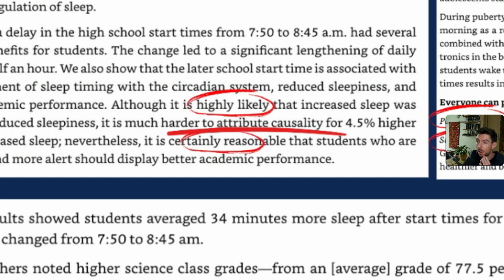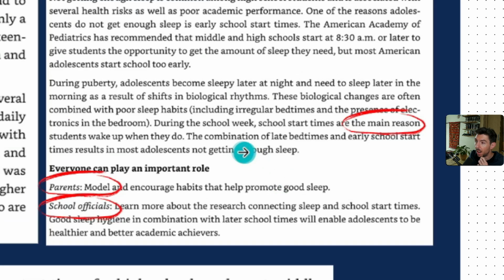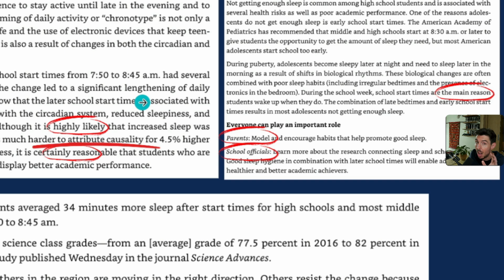We see the authors here saying, it is highly likely that increased sleep was the cause for sleepiness. Look over here. In the popular magazine, they say the school start times are the main reason why students wake up when they do. Right? Whereas over here, the authors are a lot less confident.